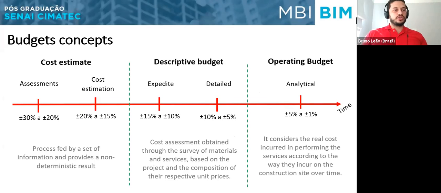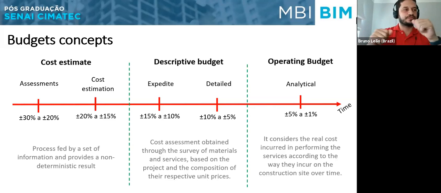Each one of them has a percentual error that allows some kind of work to be done. When you have cost estimation, we can have this percentual error around 30 to 15%, more or less.